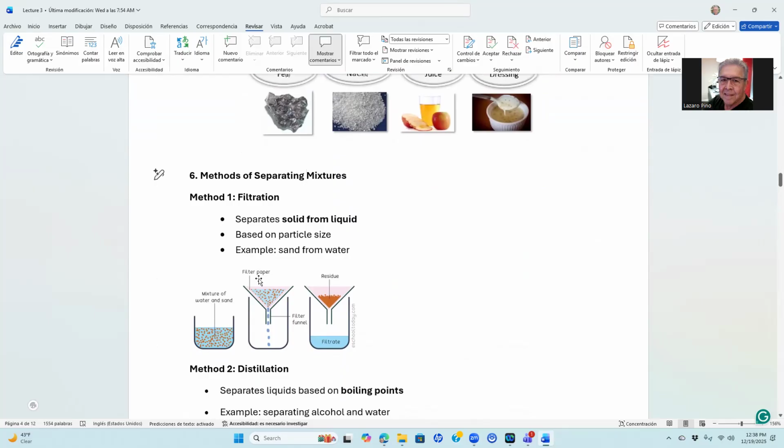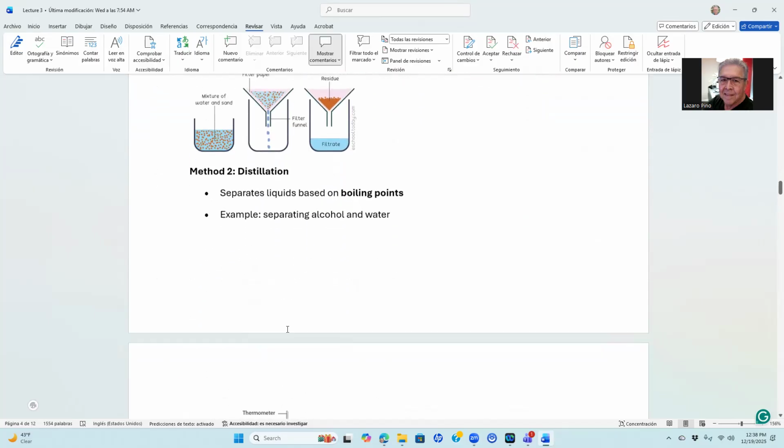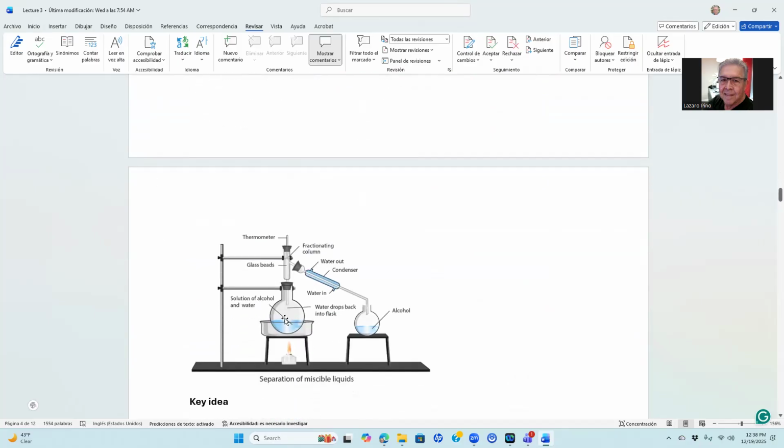The methods of separation can be, for example, to separate a solid from a liquid, like sand and water: you can use filtration or decantation. And if you have two liquids with different boiling points, you can use distillation. In this case, the liquid that has the lowest boiling point will go to the gas phase faster than the other one.